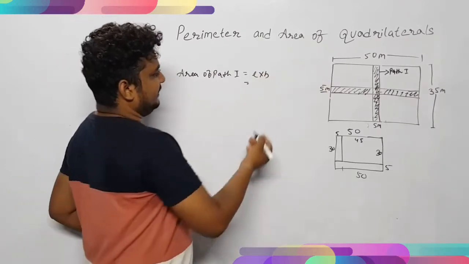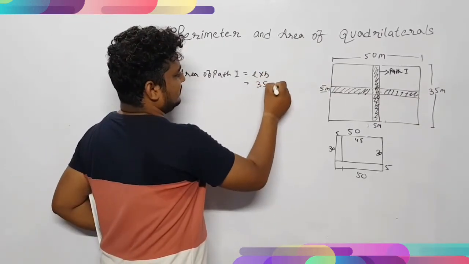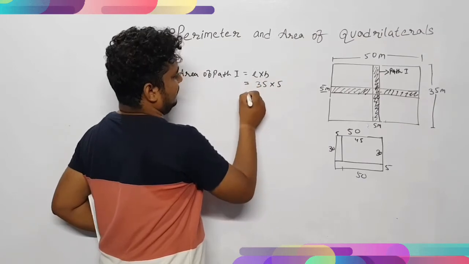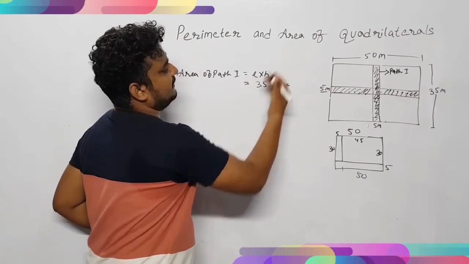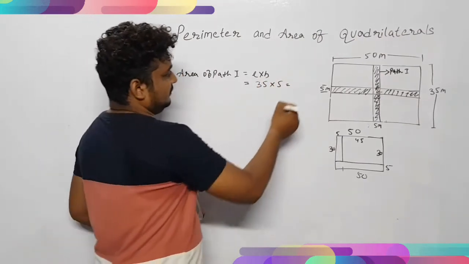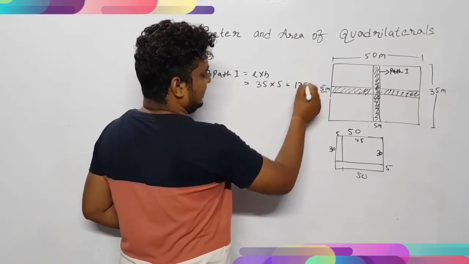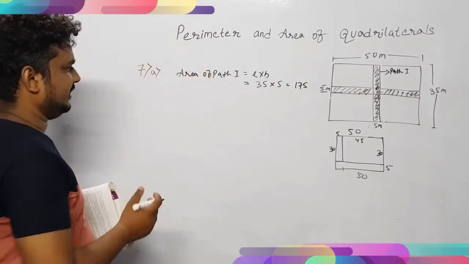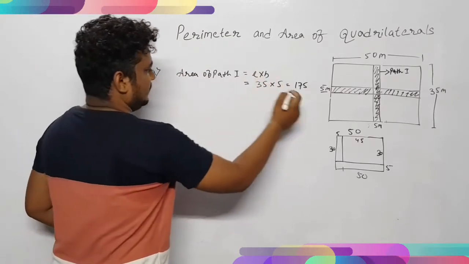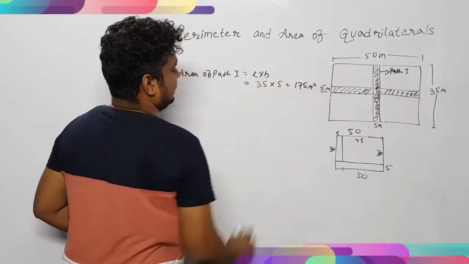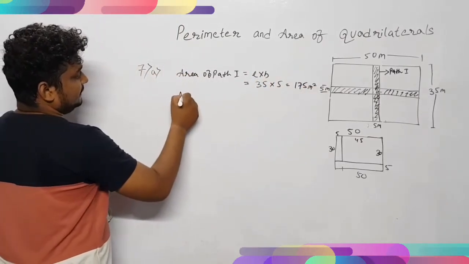So 35 is multiplied with 5, and whatever solution comes will be the area of the path. So 175 meter square.